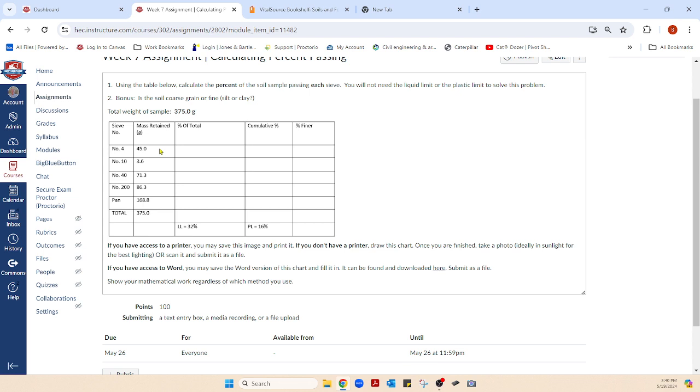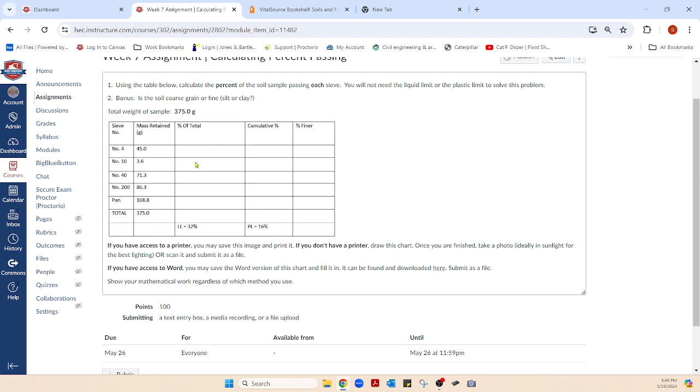4.5 divided by 375 equals 0.12 times 100 equals, so you've got 12% right here, but you have nothing above, so 12% would go right there.